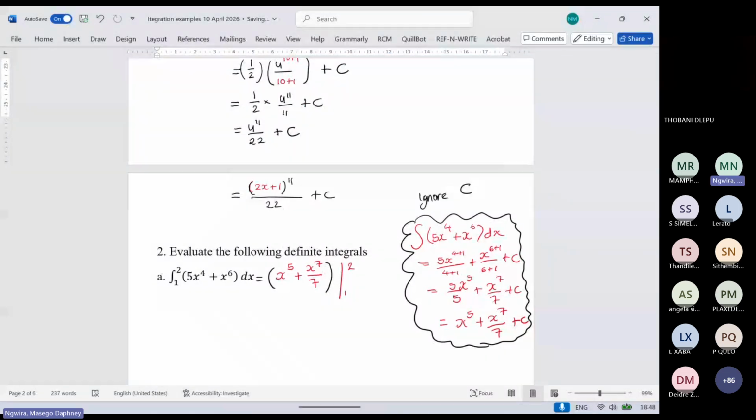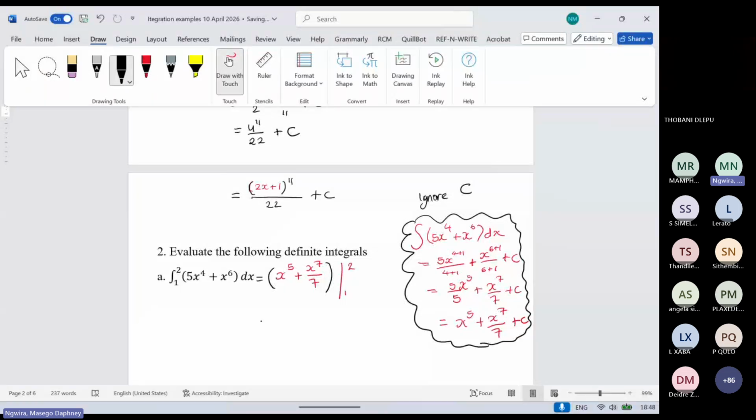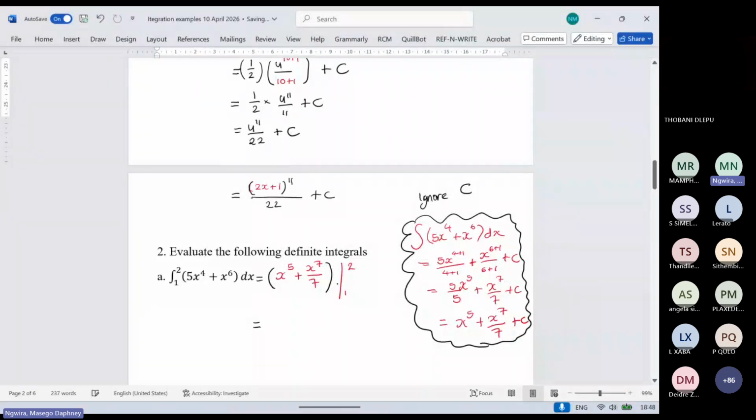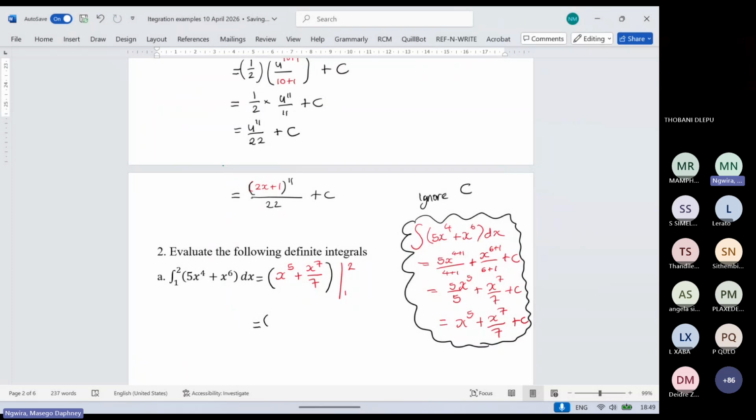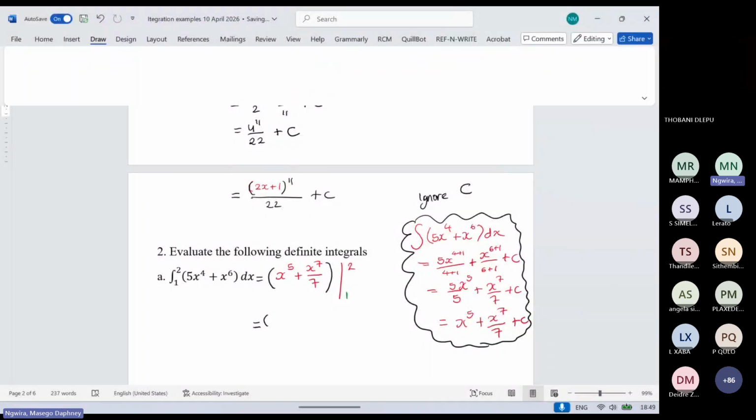Now after this, we apply the limit. When we apply the limit, it's always the bigger one minus the smaller one. So my x, I'm going to substitute my x. Wherever I see x, I'm going to put 2. So it's from 1 to 2, so I am going to start with 2.